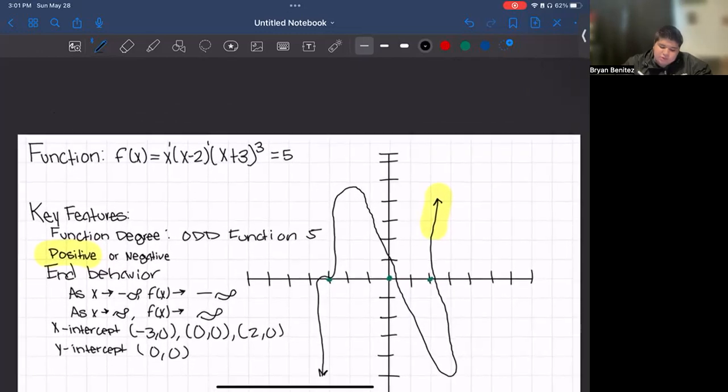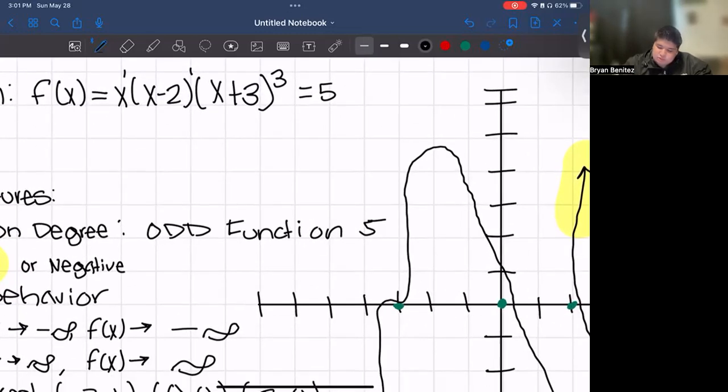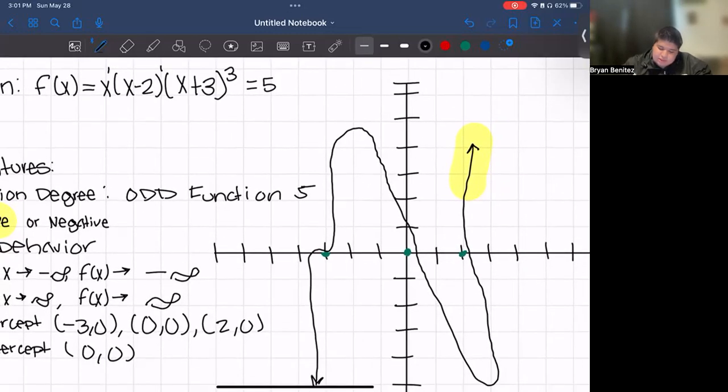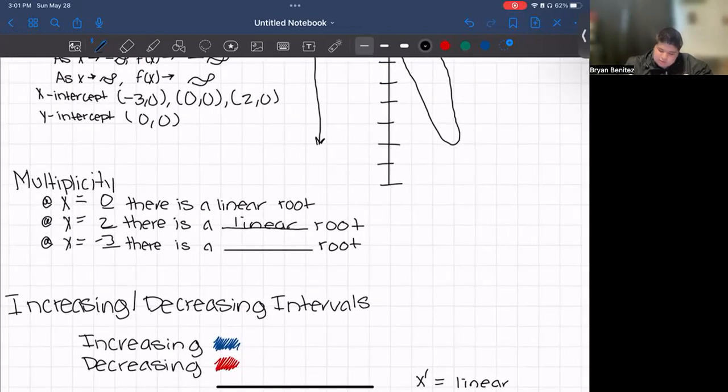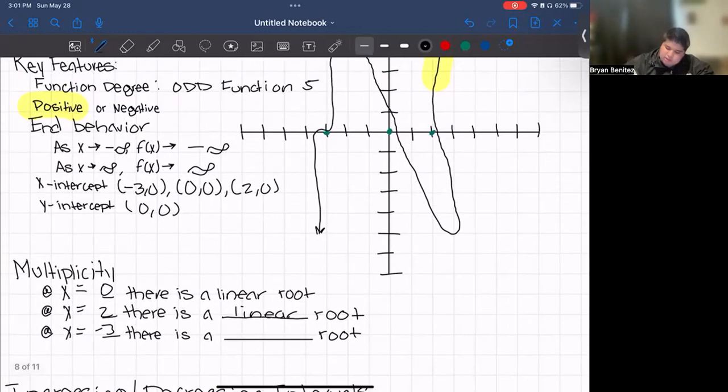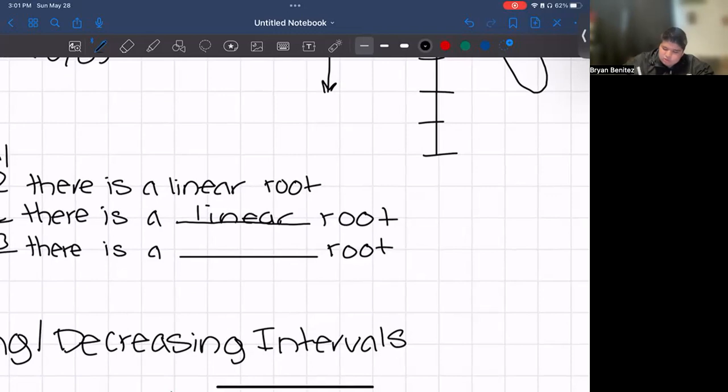If it has an exponent of 1, it's a linear root. If it has an exponent of 3, it's a cubic root. And if it has an exponent of 2, it would be a quadratic root. Okay, so since it's negative 3 and the exponent is 3, it's going to be a cubic root.